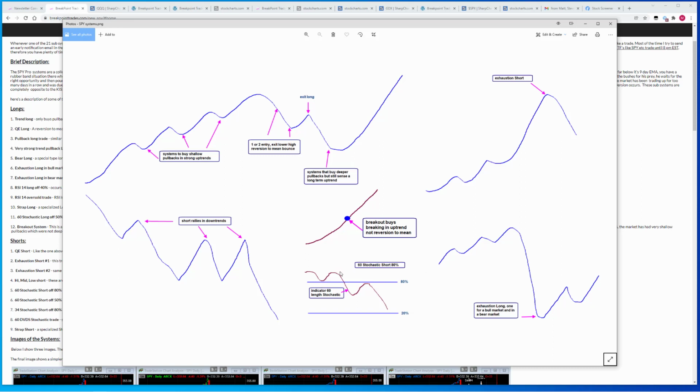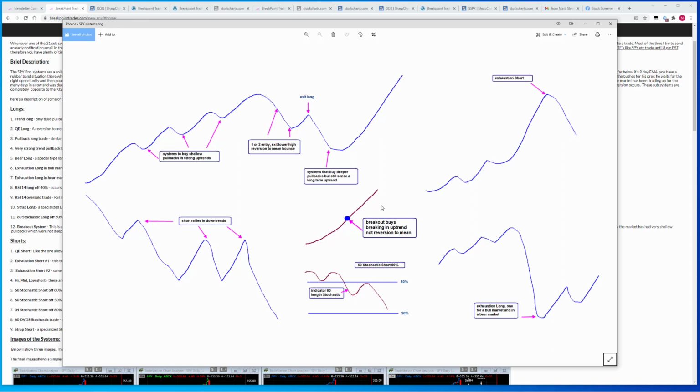Here's an example of a system that also looks to take shorts. It's a 60 stochastic short. The 60 stochastic indicator is trending above 80%, pulls back, then curls up under the 80% area, and it takes a short here. Those can obviously occur in uptrending markets too. So that's an example of what the reversion to mean systems are looking for.